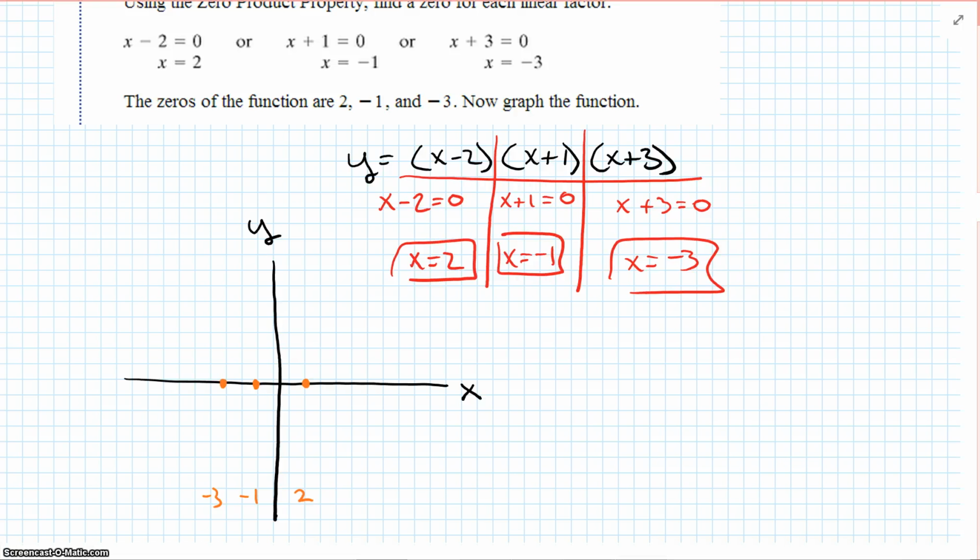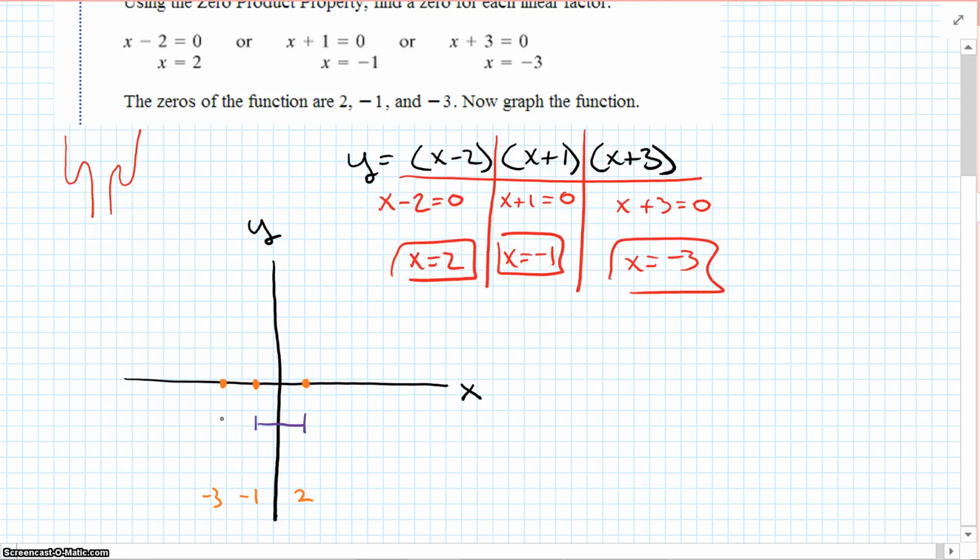If you remember, we talked about it would have a curve like this or a curve like this. So we've got to pick a point between two of the zeros and find out if it's going to be positive or negative. Since 0 falls in between these two, I'm going to use 0.